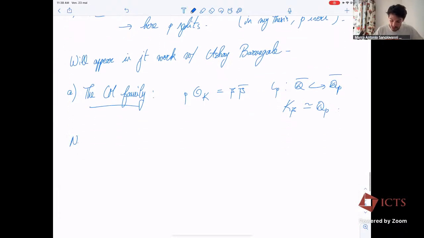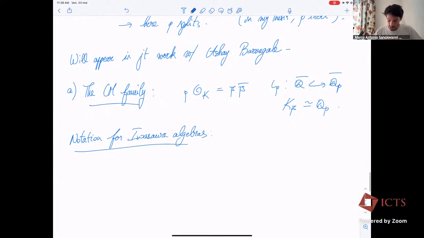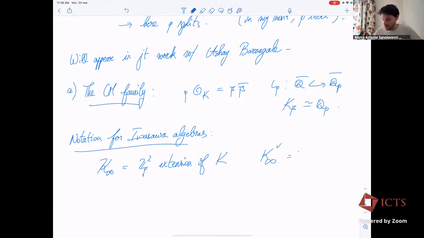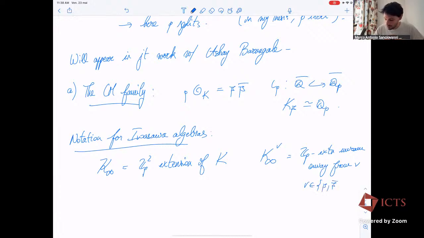So now some notation for Iwasawa algebras. Let me denote by K_infinity the Z_p squared extension of K. And then K_infinity,v is the Z_p extension unramified away from v, where v is either p or p-bar.